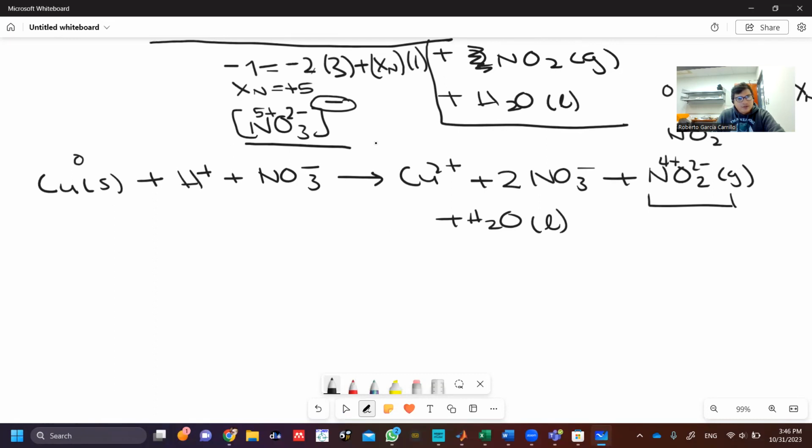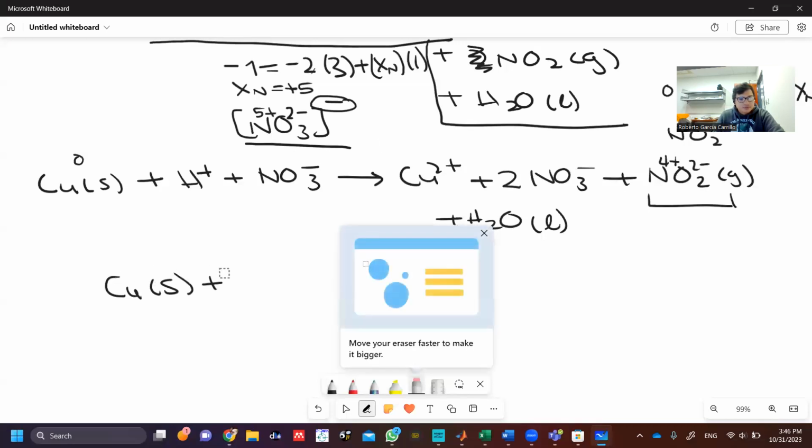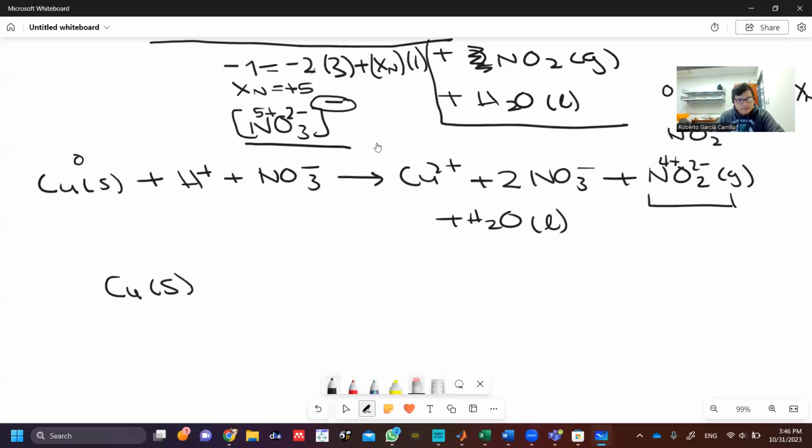So copper is losing electrons. We can write down the half equation for that as copper goes to copper 2+ plus the number of electrons which it's losing, so it's only 2 electrons. And as it's losing electrons, this is an oxidation.